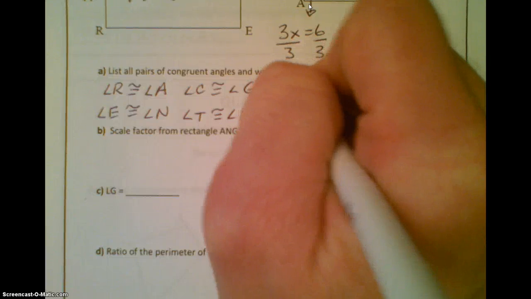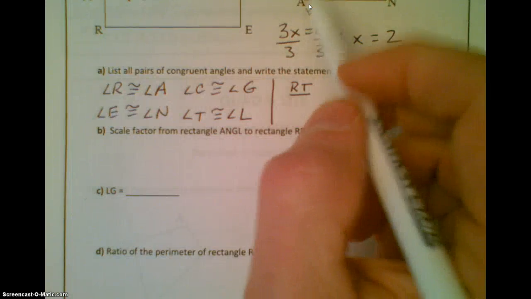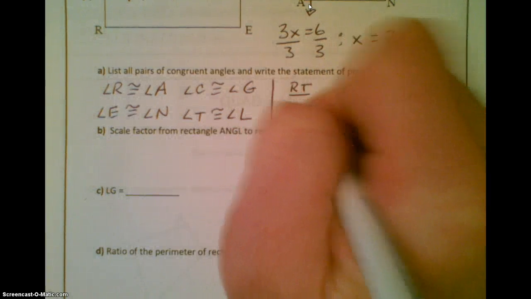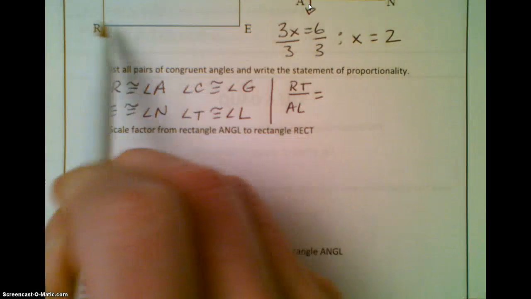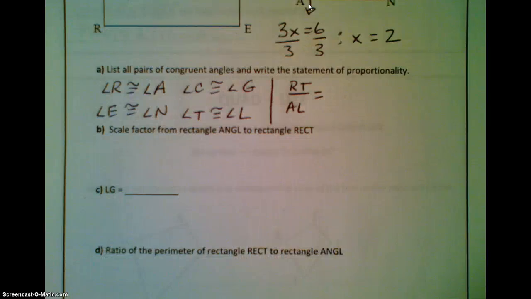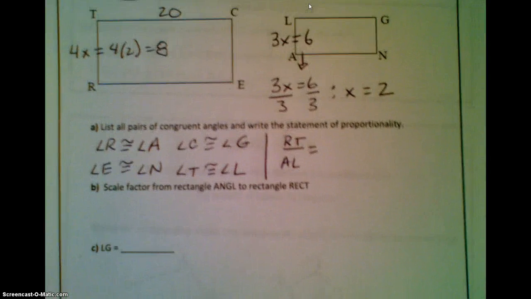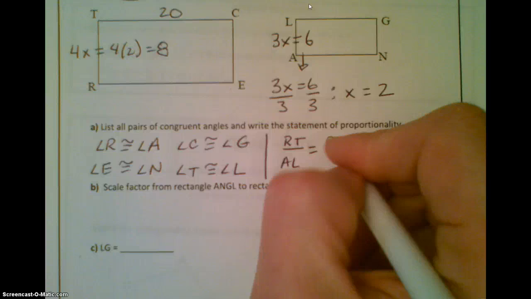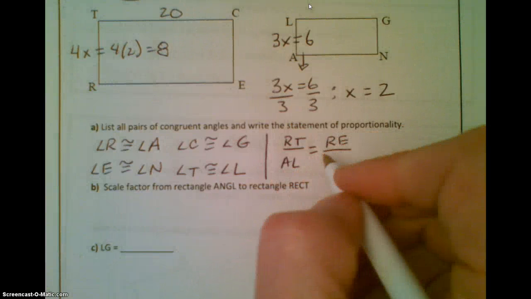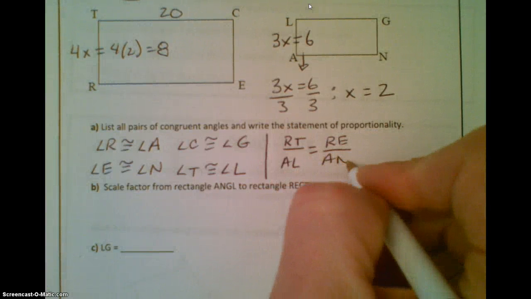So I've got RT is to AL, so that's the ratio of that pair of sides, and we know it's going to be equal to RE to AN.